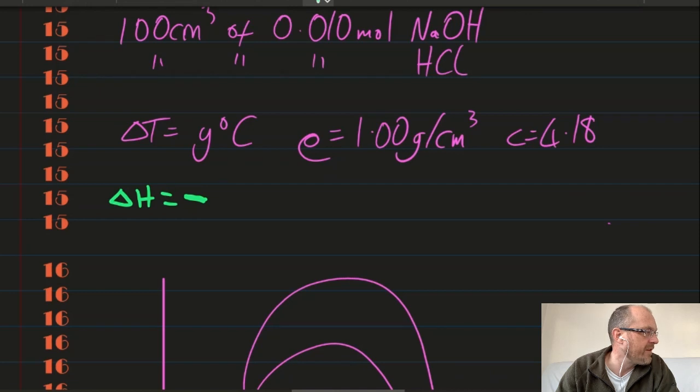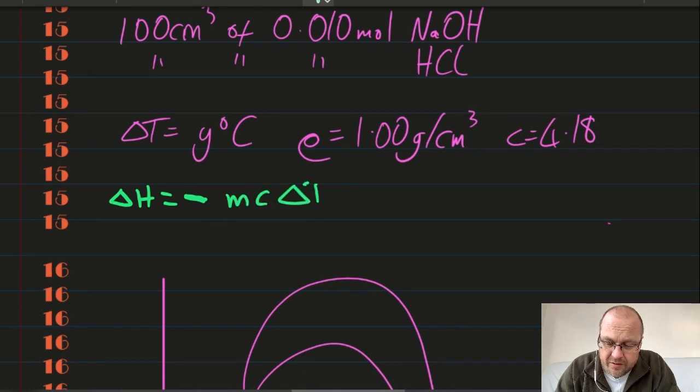But there's no minus in any of the answers. But maybe a minus will come out with the algebra, I don't know. Anyway, it's MC delta T over the moles of one of the things that's doing the heating. Up to you. There's the same amount of moles of each one.